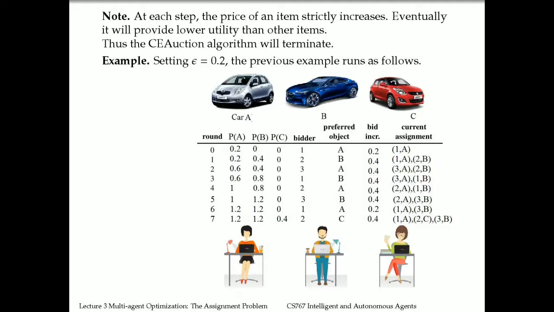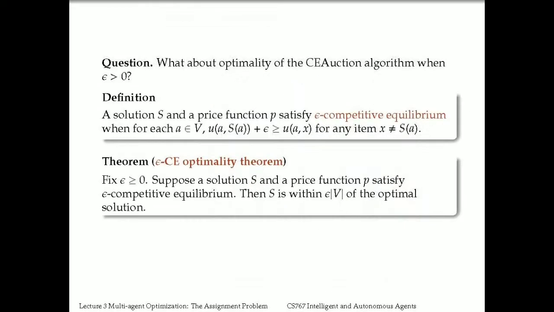When we have epsilon bigger than 0, we make another definition. We say a solution and a price function P will satisfy epsilon competitive equilibrium when for each agent, the utility by receiving the item as indicated by the solution is at least, it's not necessarily bigger than the utility from all the other items, but we can guarantee that it is not lower by epsilon, right?